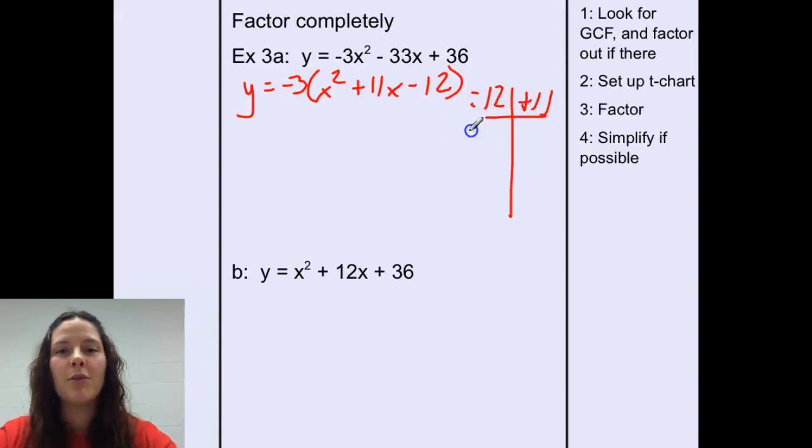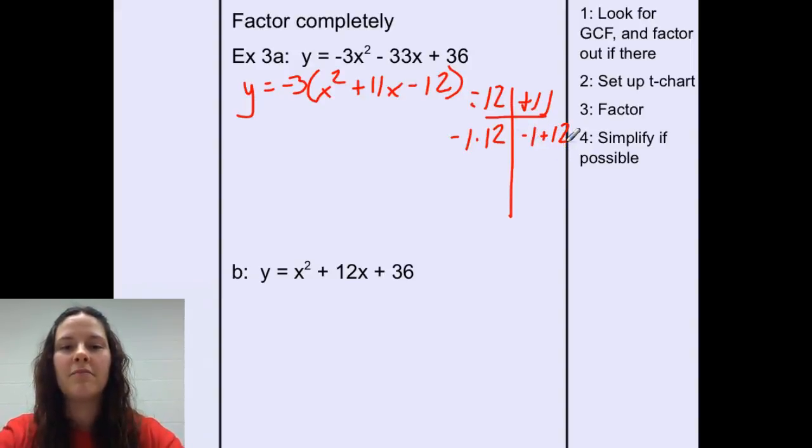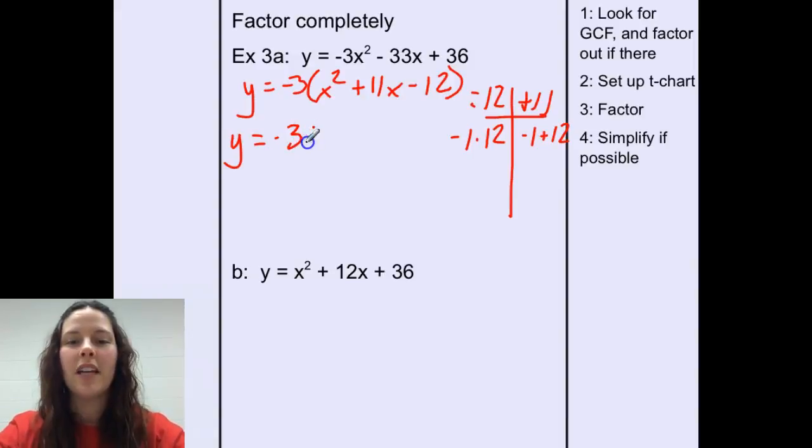Pair of numbers that most students don't think of, 1 times 12. In order to multiply to a negative, we need one value negative, and we're adding to a positive, so the smaller number needs to be negative. So negative 1 plus 12 does give us that positive 11. So we keep the GCF of negative 3, and we get x minus 1 times x plus 12.